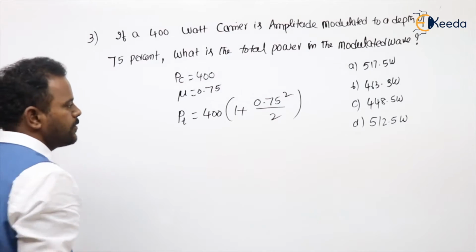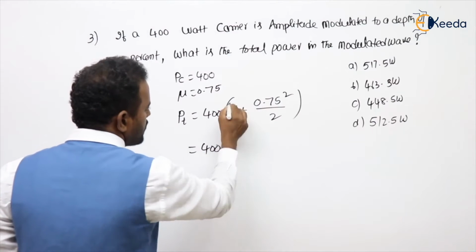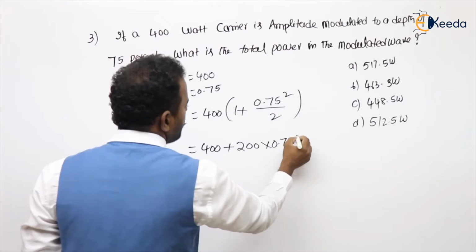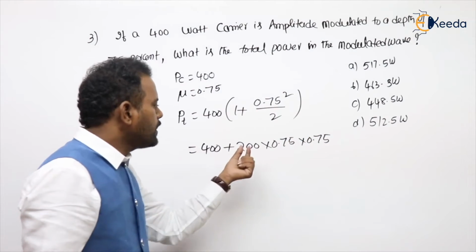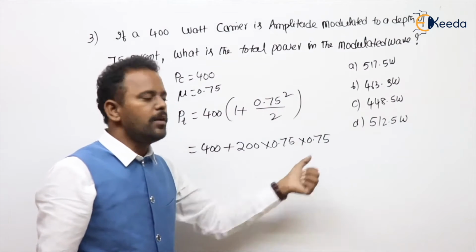This is our engineering service examination problem. Obviously, this is 400 plus half of the 400 is 200 into 0.75 into 0.75. What is the 200 into 0.75? 150 into this one.